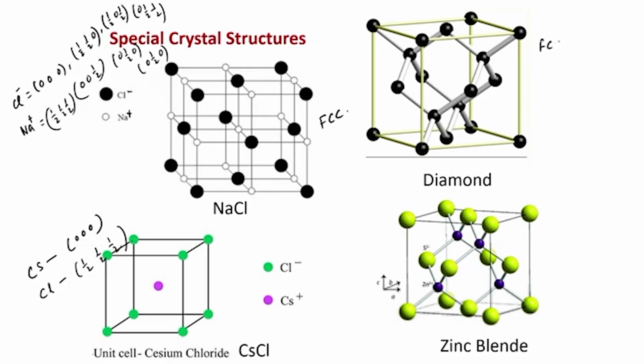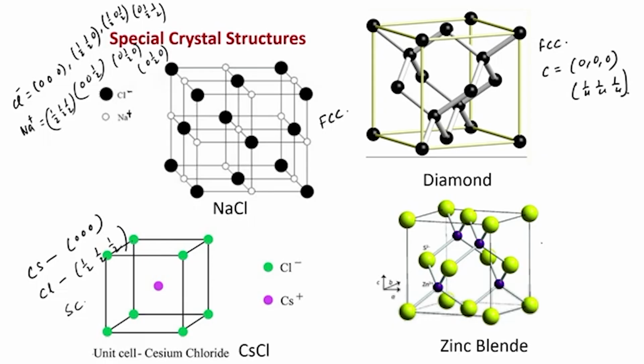Again, this is an FCC structure, with carbon atoms at 0, 0, 0 and at 1/4, 1/4, 1/4. Okay. So, there are 2 atoms per unit cell. You see a lot of atoms, but they are shared by other neighboring cubes.